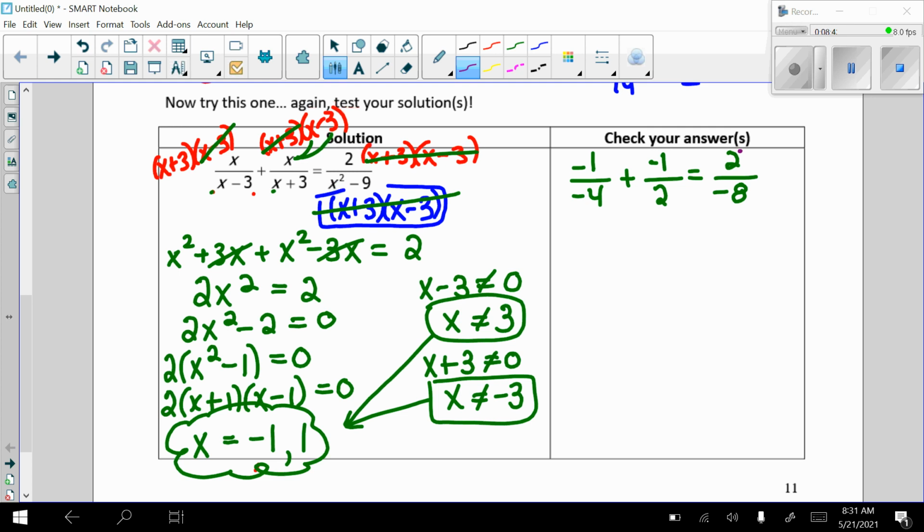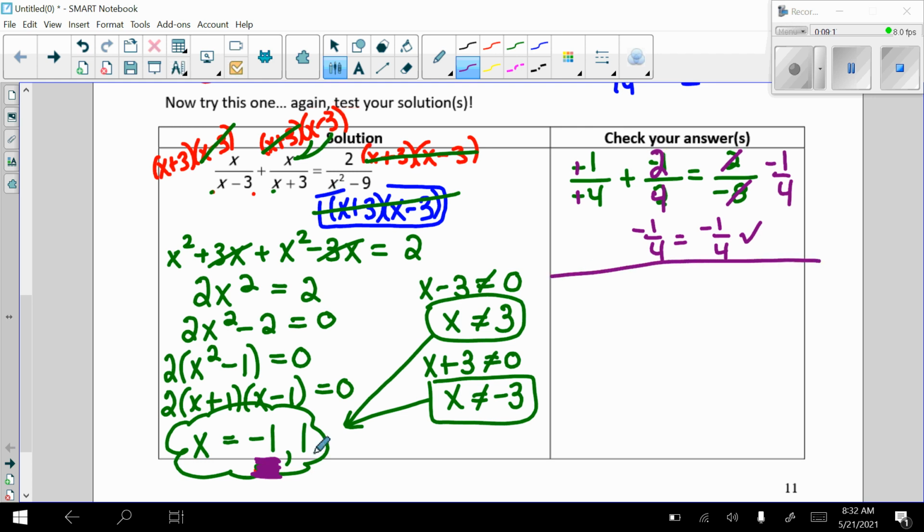I would immediately reduce this to be negative 1/4. I know that a negative over a negative is a positive, and I know I need a common denominator over here, so I would multiply by 2 over 2. It's going to give me negative 2 over 4 plus 1 over 4. That gives me negative 1/4 equals negative 1/4. It worked. So we know right now this is a solution. The negative 1 is a solution.